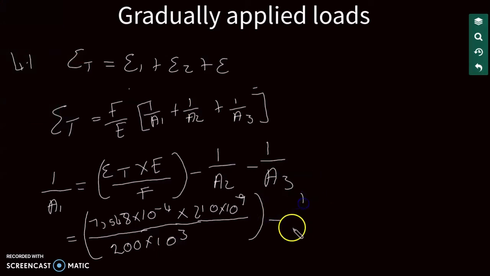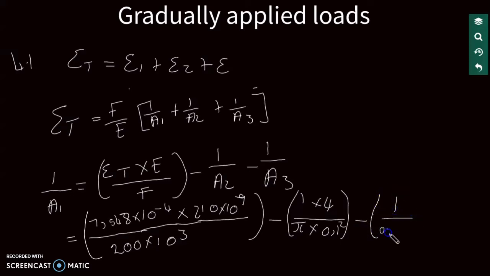Minus 1 divided by area number 2, which will be pi divided by 4, times 0.1 squared, minus, in bracket, remember the last part, it's a square, therefore we're going to say 1 divided by 0.05 times 0.05.